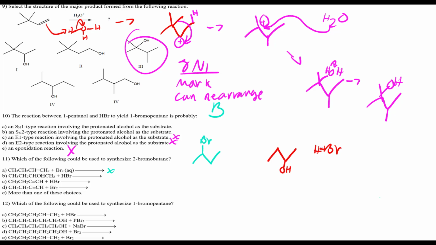What would happen here is kind of like an SN1 reaction, right? So this breaks off because bromine is a lot more electronegative than hydrogen. He's picked up by this oxygen. The water breaks off, forming a positive carbocation. This bromine is then attracted to this positive carbocation, thus forming this guy right here. And that would be your answer.